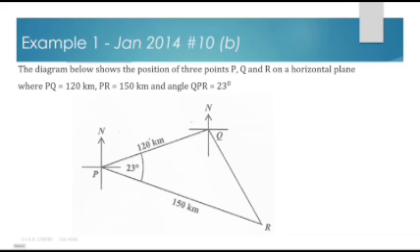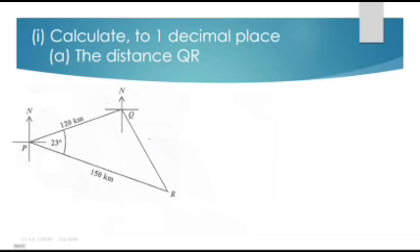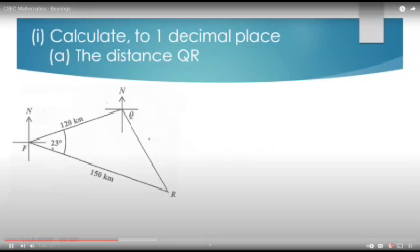All of that information is represented on the diagram. The first part of the question wants us to calculate, to 1 decimal place, the distance QR. So as seen in the diagram, this is the distance that we want to find, QR.